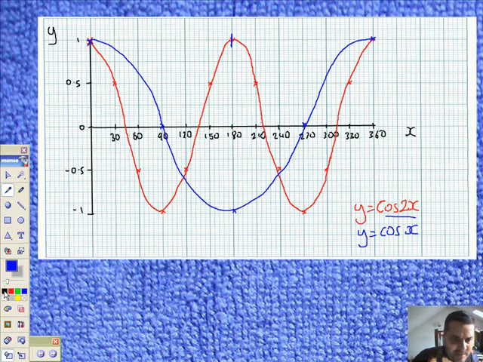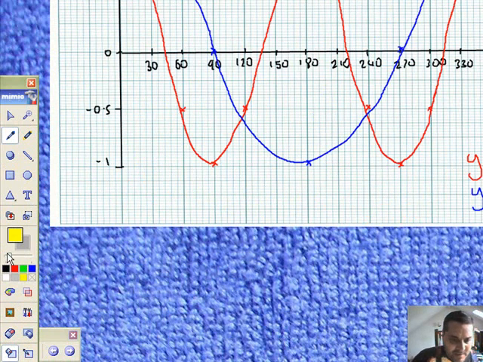So let me just write this down in black so it stands out, or maybe thick yellow down here. Right, here we go.